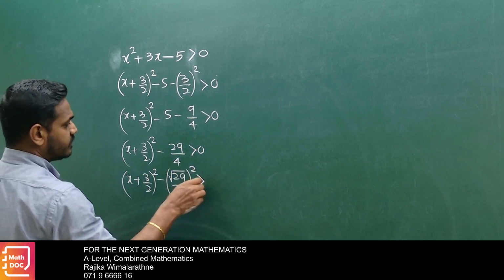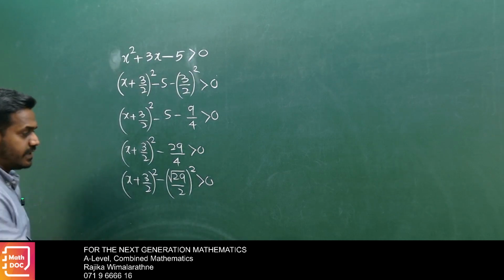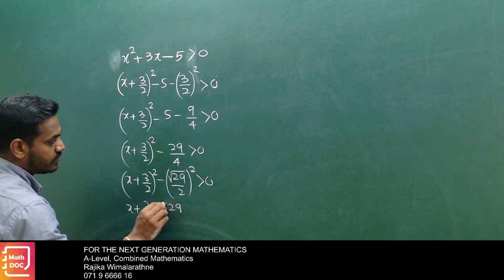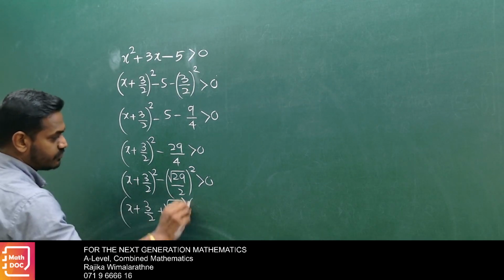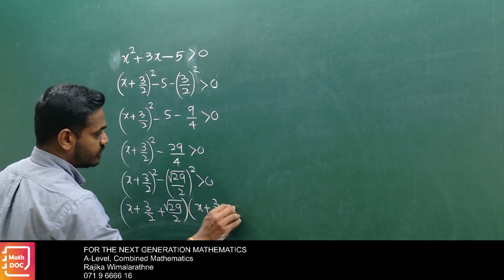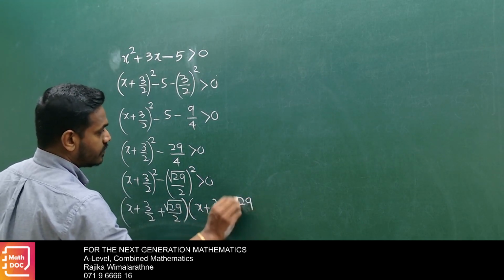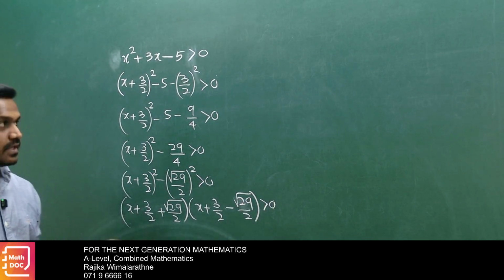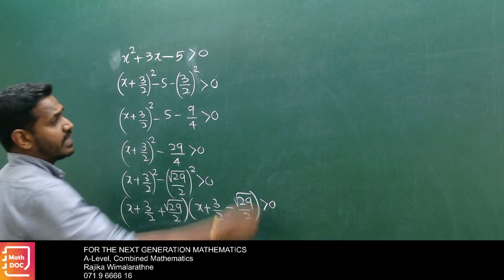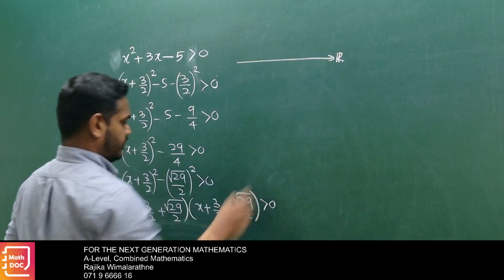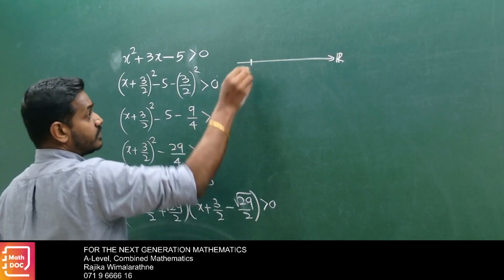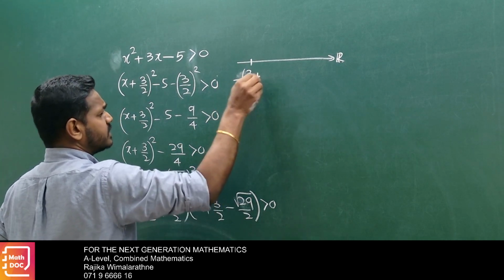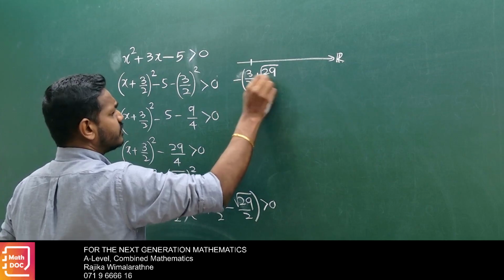Now we can factorize it, no? Now we can factorize. Do with me. Then (x + 3/2 + √29/2)(x + 3/2 − √29/2) > 0, difference of two squares. Now we can evaluate this, no? Then you get the factor zero values. So one is here, the negative value, no? −3/2 − √29/2.